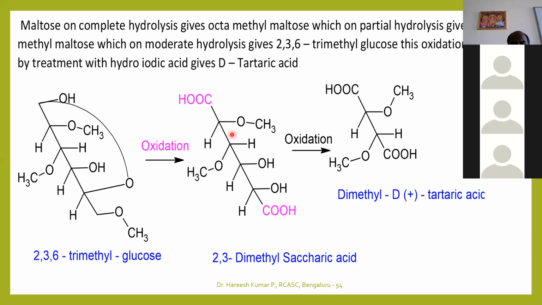On further oxidation, this is one methyl, this is another methyl, and dimethyl tartaric acid is obtained. This much you can write for the 4 marks question. It was asked in 2017, Bangalore University, Bangalore City University. With this, I will go to the next question.